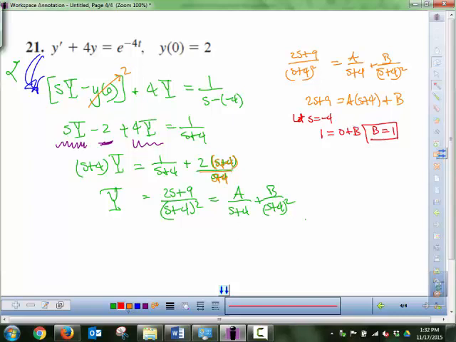Well, this is where we go back to the old way of splitting this up into 2s plus 9 is equal to as plus 4a plus b, and then we match the coefficients.